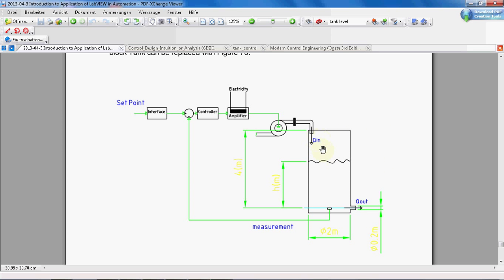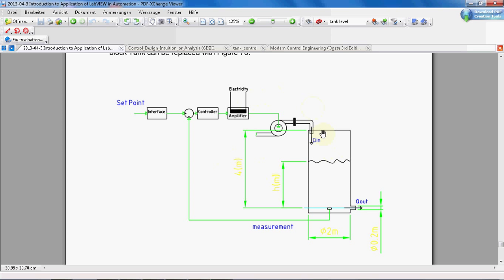If our pump here is not able to pump 5 cubic meters per second, first of all, we cannot reach that level. Secondly, if for any reason we reach that level, we cannot keep it because the pump is too small or too weak. Say at maximum we can pump 4 cubic meters per second.